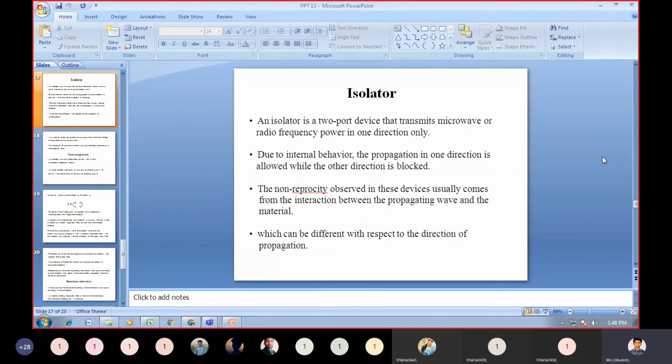The next one is the isolator. An isolator is a two-port device that transmits microwave or radio frequency power in only one direction.